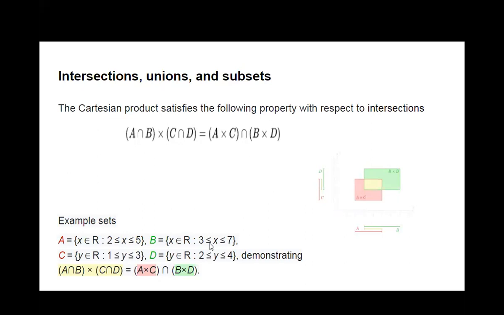And D is the set 2, 3, 4. All of you have to solve this and prove that A intersection B cross C intersection D is equal to A cross C intersection B cross D, with the example of sets A, B, C, D. Will you do it, or shall I explain? Yes, ma'am. I will also explain.